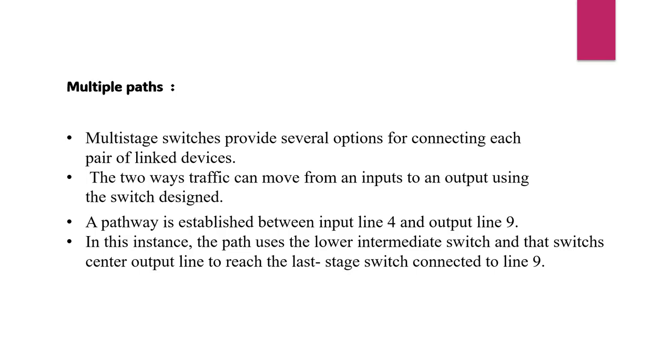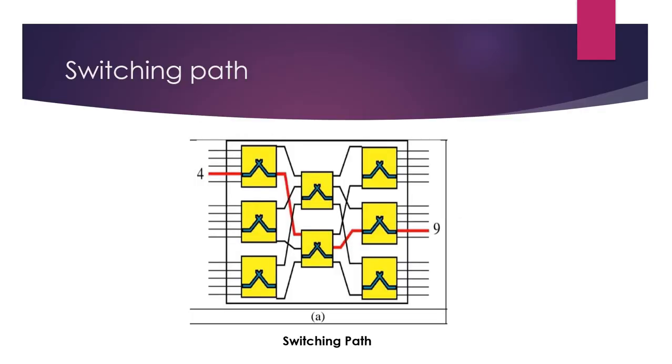A pathway is established between input line 4 and output line 9. In this instance, the path uses the lower intermediate switch, and the switch's center output line reaches the last stage switch connected to line 9. So there is a diagram for the multipath switching.